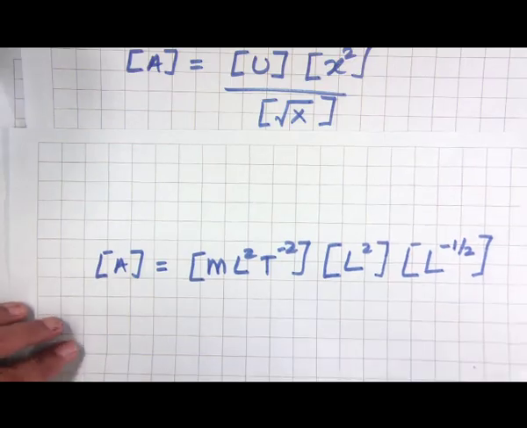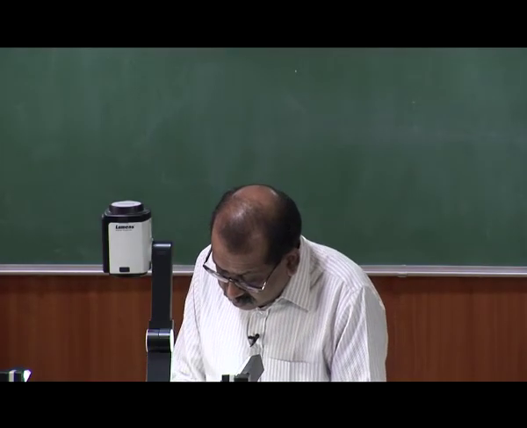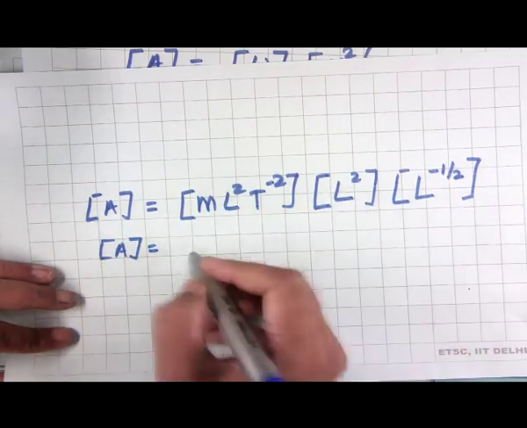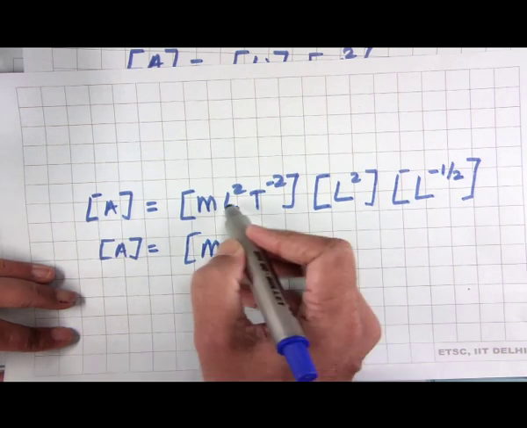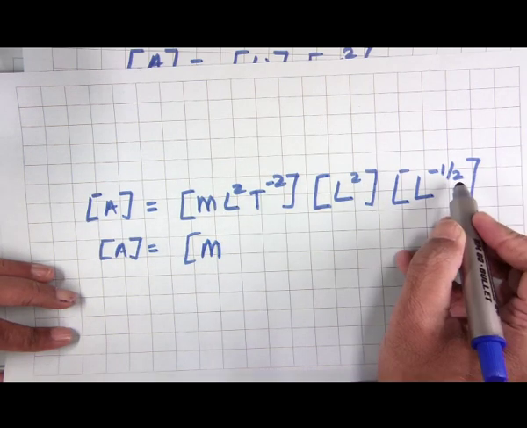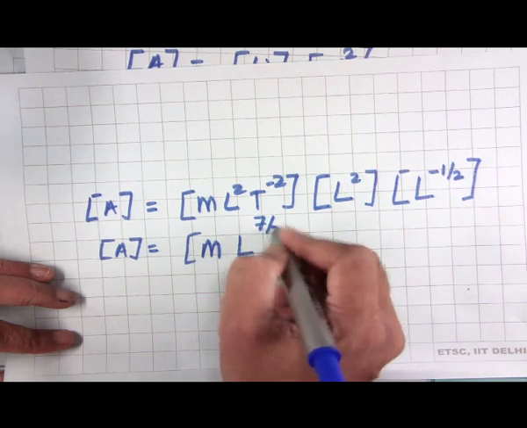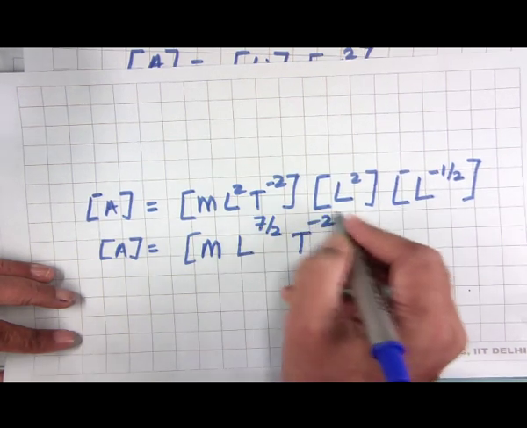So, this way we work out the dimensions. The dimension of A turns out to be equal to m times L to the power of, we have 4 minus half, so L to the power of 7 by 2 t to the power minus 2.